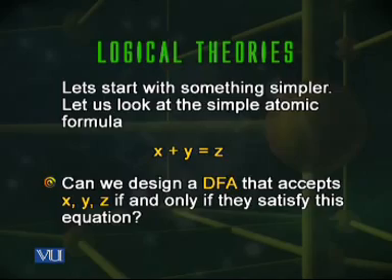So we have a simple equation x plus y equals z, and what we want to do is design a deterministic finite automaton, not a Turing machine but a DFA, which will accept strings which encode x, y and z such that x plus y equals z.